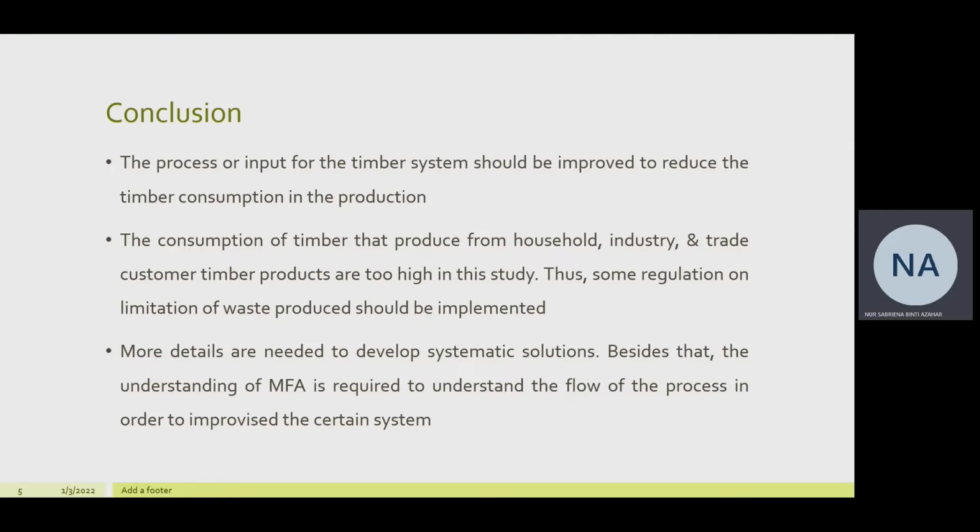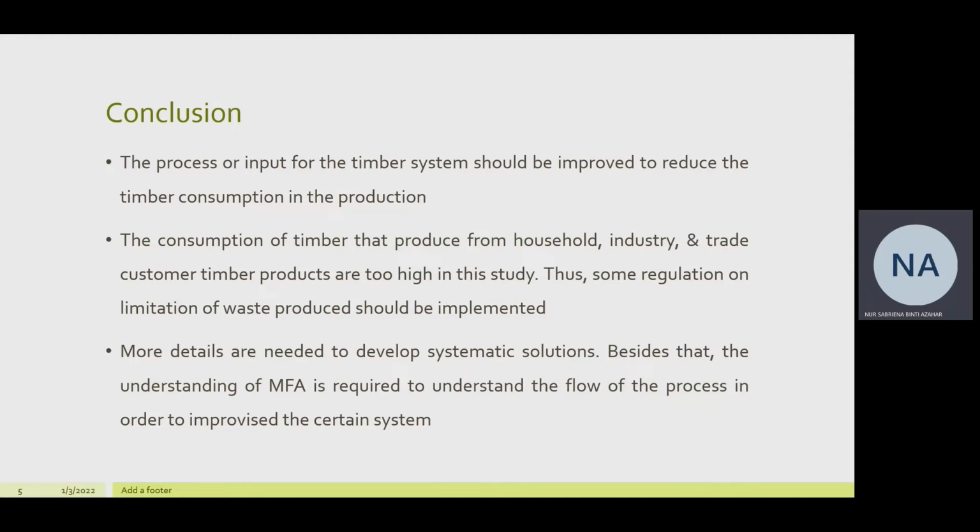So in conclusion, the process or input for the timber system should be improved to reduce the timber consumption in the production. The consumption of timber from household, industry, and trade consumer timber products is too high in this study. Thus, some regulation on the limitation of waste produced should be implemented. More details are needed to develop a systematic solution.